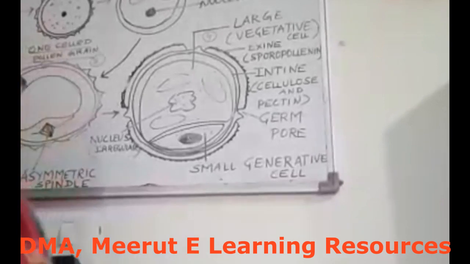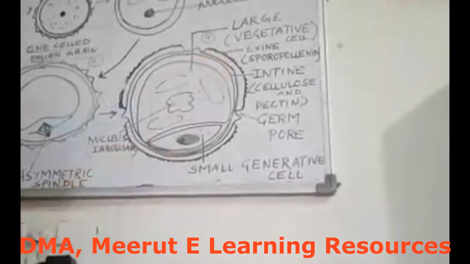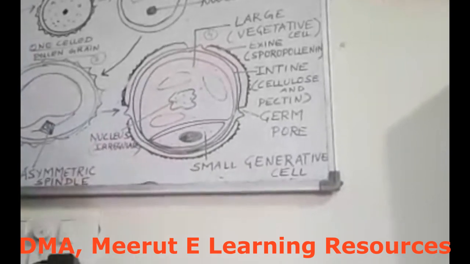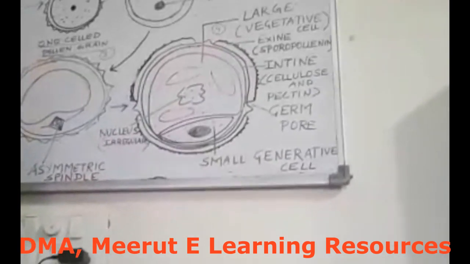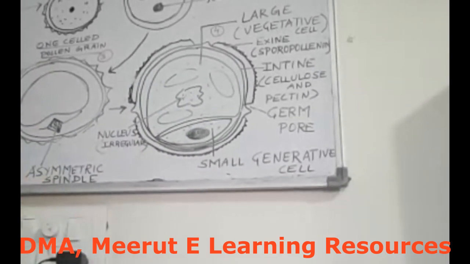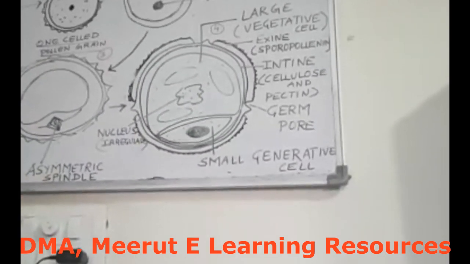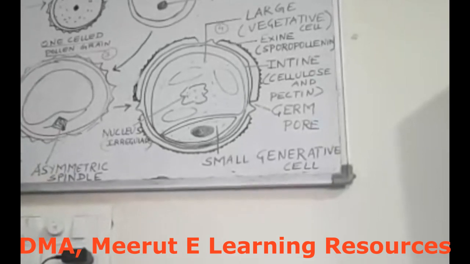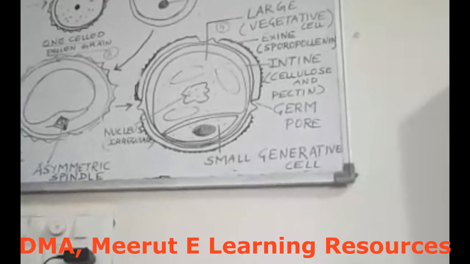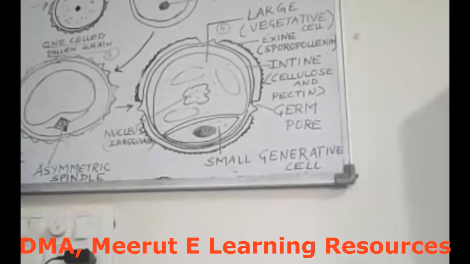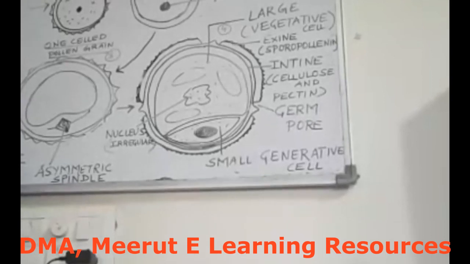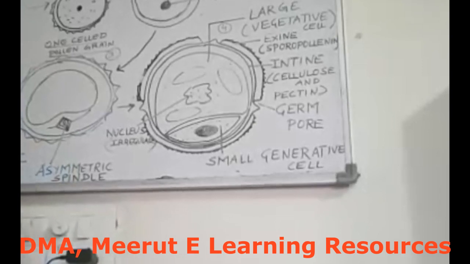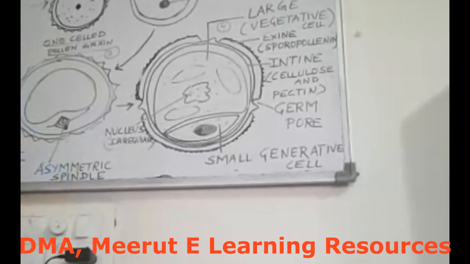Now students, you can see that exine may be divided into three different parts. What are the three different parts of exine? The inner one is a continuous layer called the foot layer.